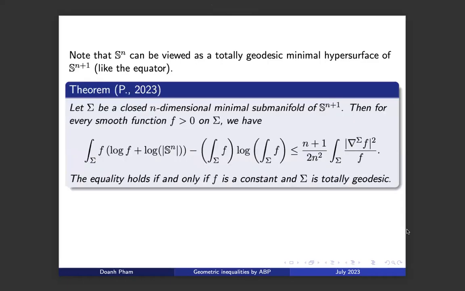The next theorem says that if sigma is any closed n-dimensional submanifold of S^(n+1), then we have a similar inequality with some deficit constant on the right-hand side.